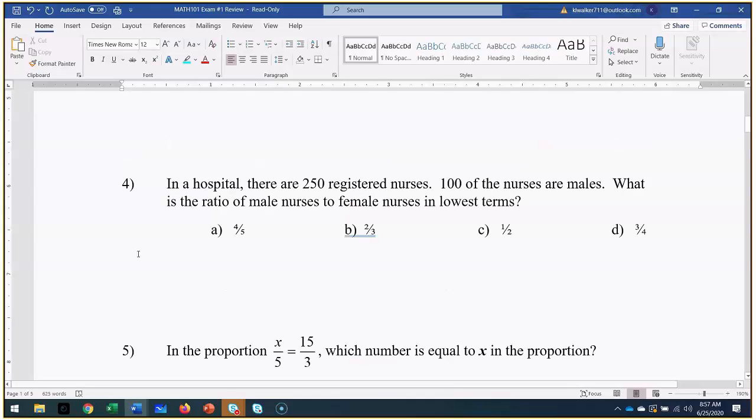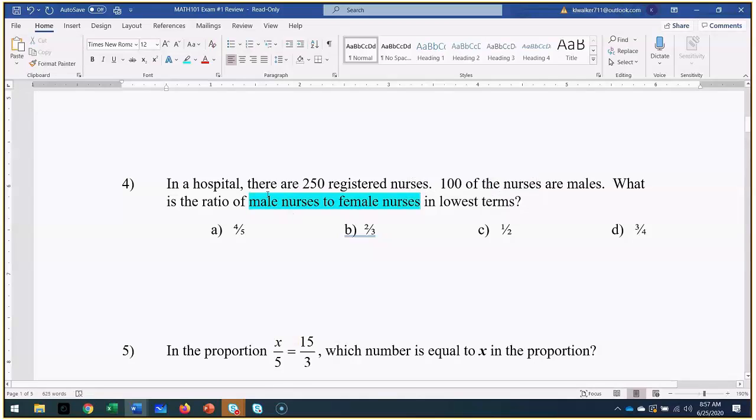Okay, number 4. In a hospital, there are 250 registered nurses. 100 of them are males. What is the ratio of males to females?